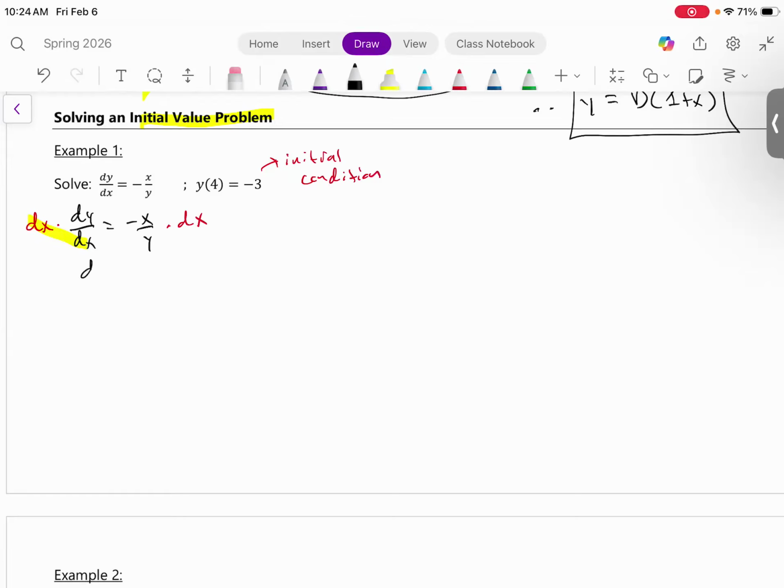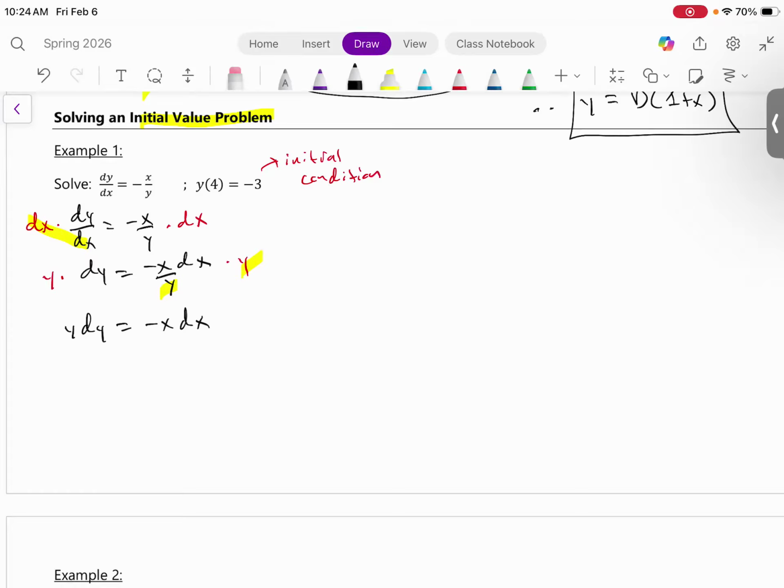And so what I have is dy equals negative x dx. Excuse me, I forgot the y. And then I'm going to move the y over to the other side. So I'm going to multiply y to both sides. And so now I have my variables cleanly separated.